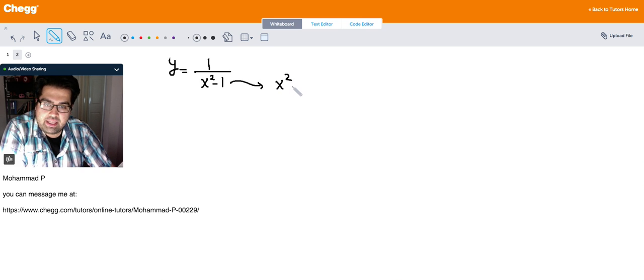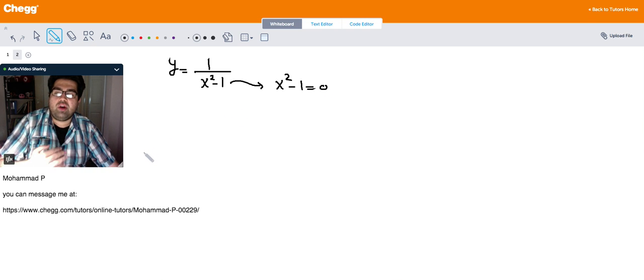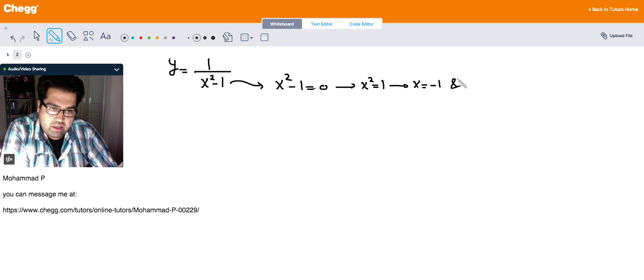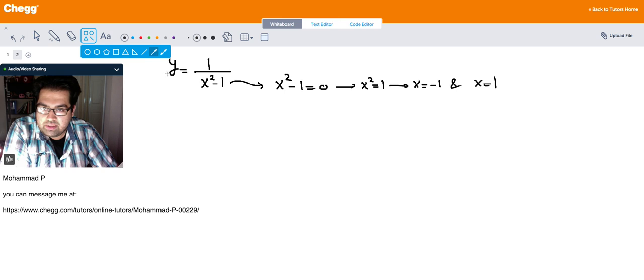So I'm setting x squared minus 1 equal to 0 and solving for x. x squared is going to be 1, and then x is either negative 1 or x equals 1. These two results are going to be my vertical asymptotes.